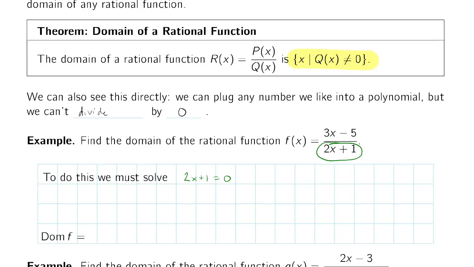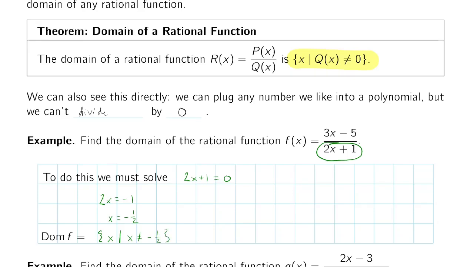So first we'll subtract 1 from both sides. So 2x is negative 1. And then we'll divide both sides by 2. x is negative 1/2. That's the value that x cannot have in the domain. So the domain is the set of all x such that x is not equal to negative 1/2.